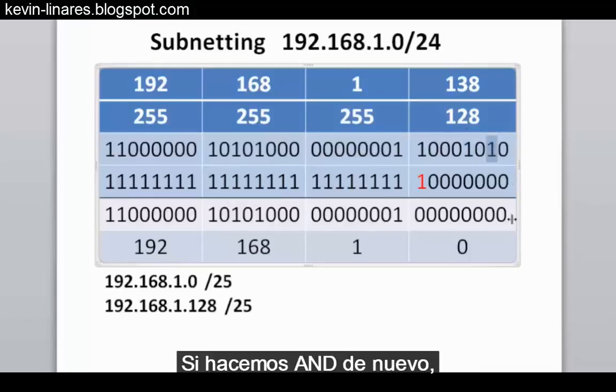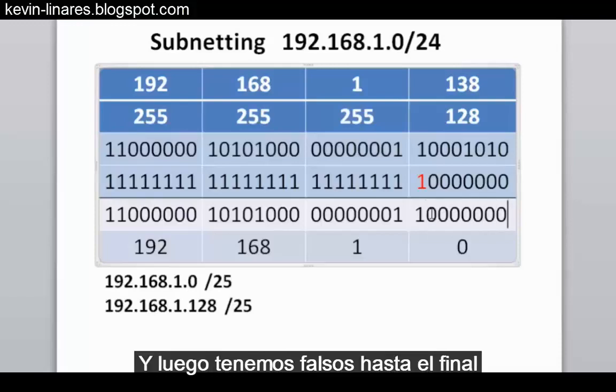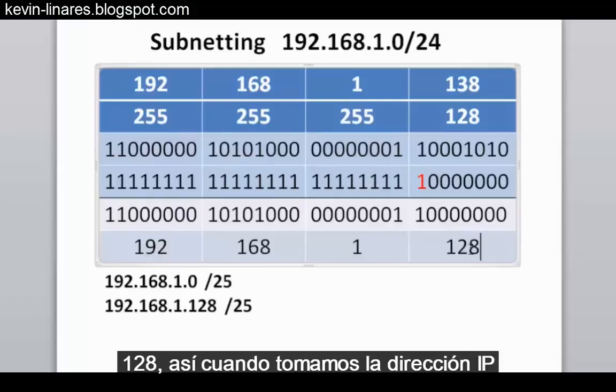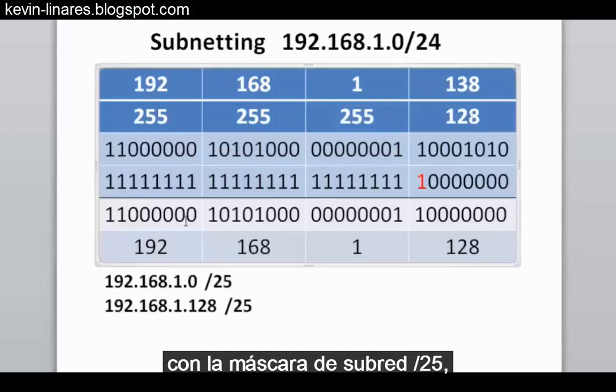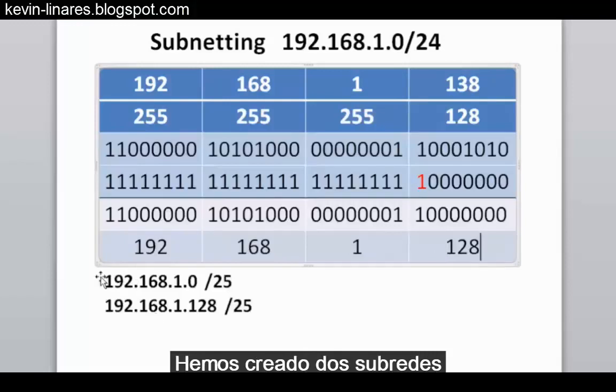If we do the ANDing again, we see that a true and a true makes a true, and then we have falses all the way. And now the resulting network address is 128. So when we take the IP address with the /25 subnet mask, we see that the network address is 192.168.1.128.